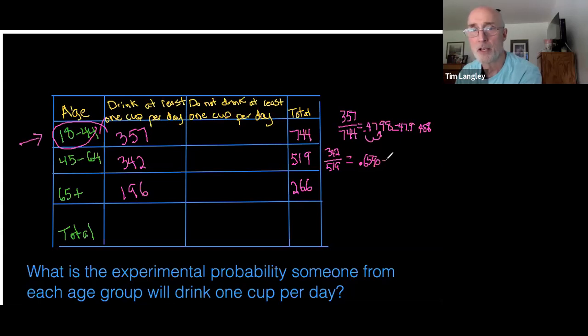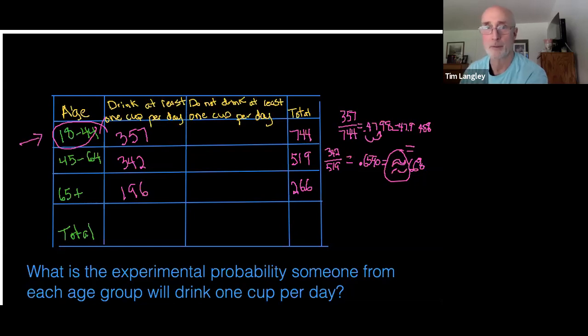Change that to a percent, which is 65.9, which is approximately 66%. So, just a couple of things here. You see this little symbol here, these two squiggly lines like that? That means about.